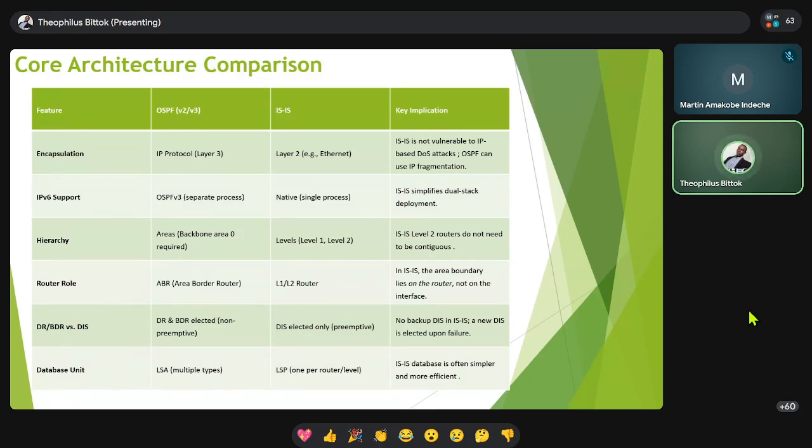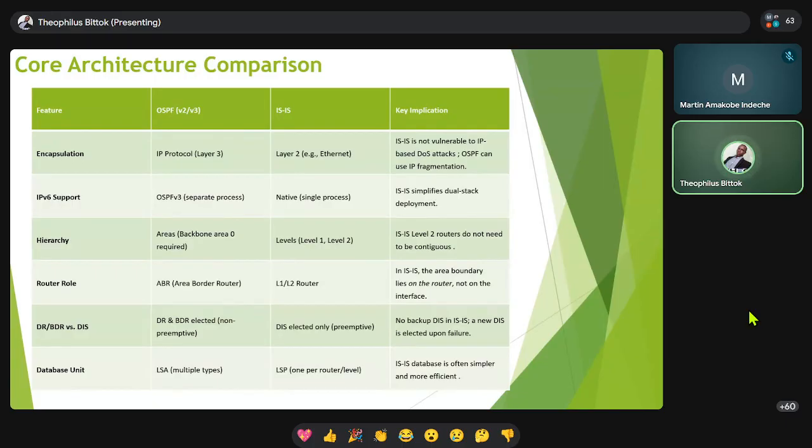Then on the database, OSPF has many LSA types. For example, you have the router LSA, giving you the state and the cost of the links that the router has. You have network LSAs, you have summary LSAs. So you will always have many LSAs, but for ISIS, it depends on the level.